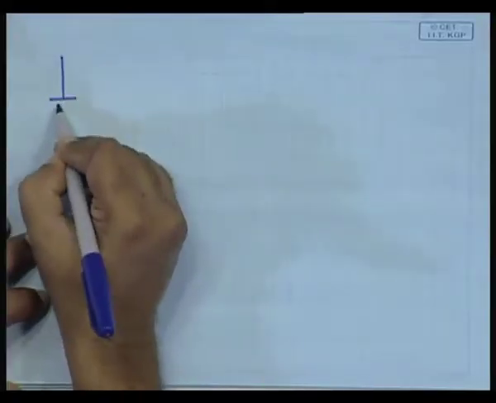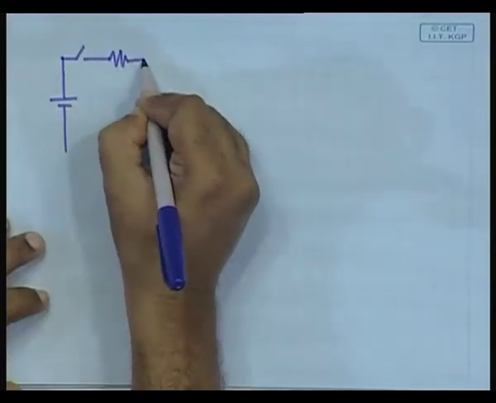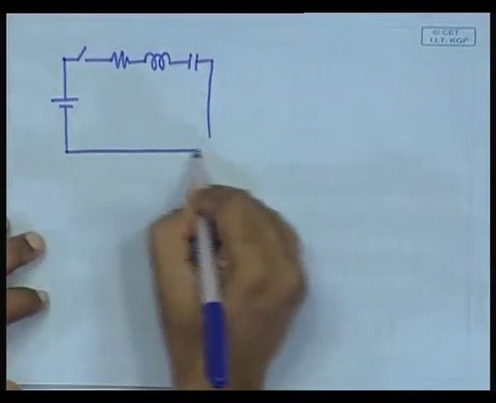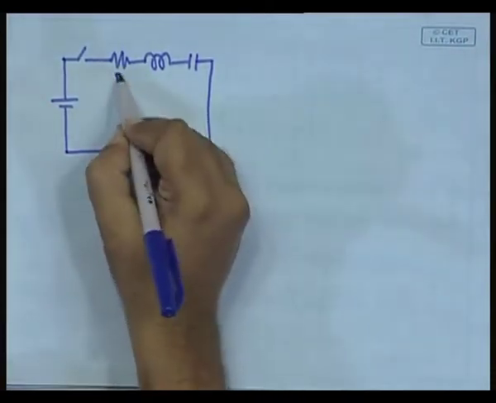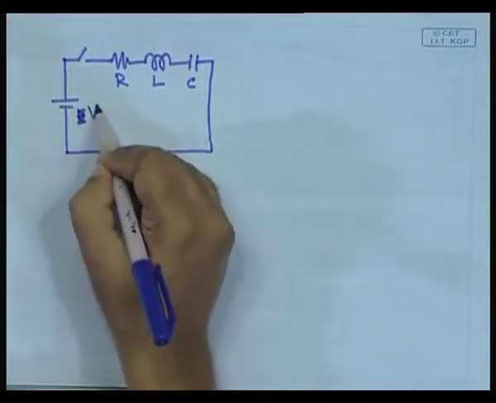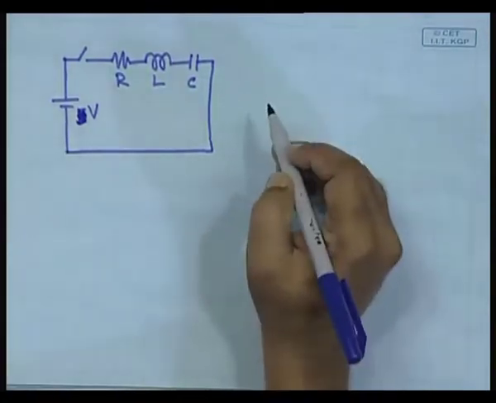Now, how do you then apply this concept to an RLC circuit? You have got a switch, R, L, C. I would call this V. So, again write down the equation.